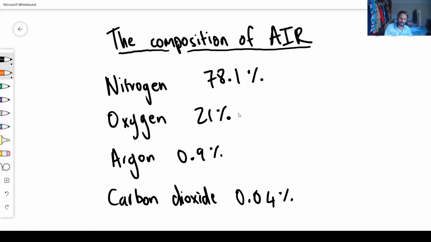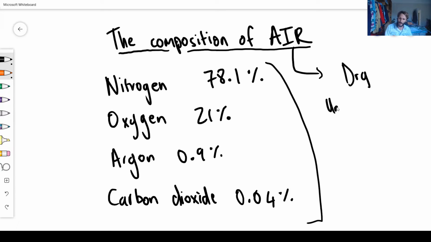Let's just mention that when we talk about air and these percentages, we are talking about dry air. We are talking about unpolluted air. Okay? This is really important because most air will have some kind of pollutant in it, and most air will have some 0 to 4% of water vapor.